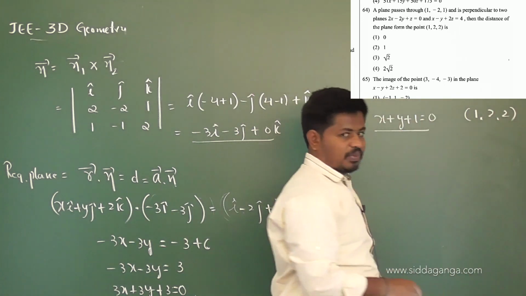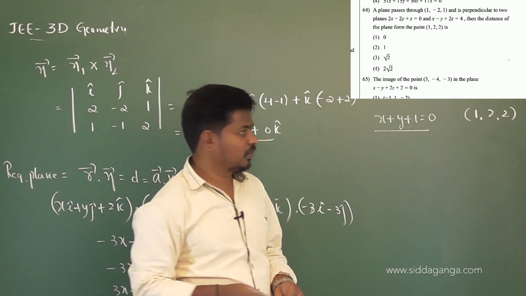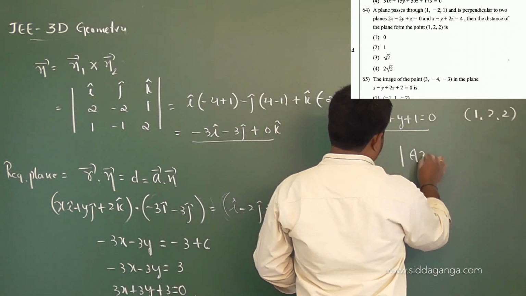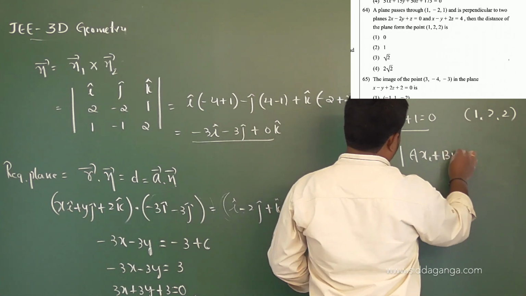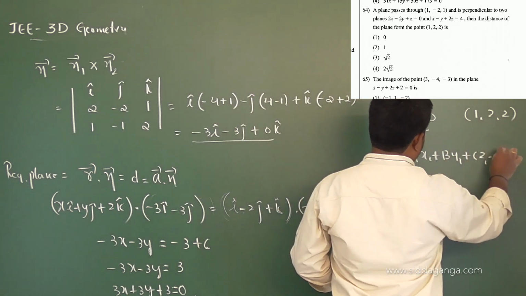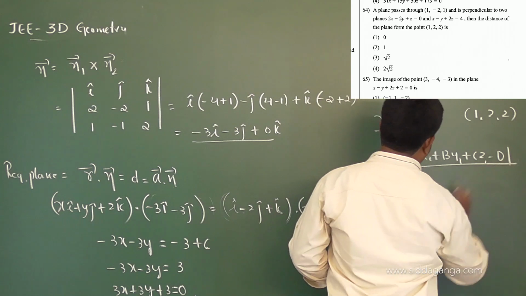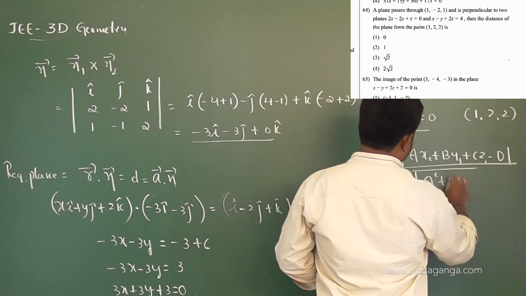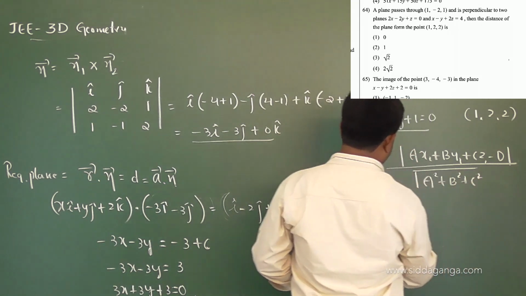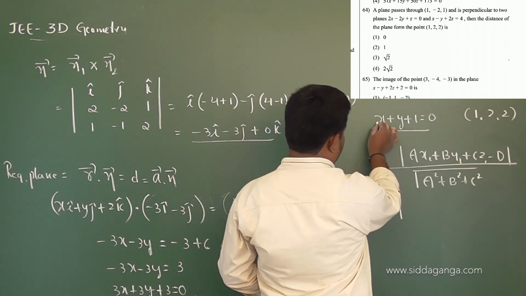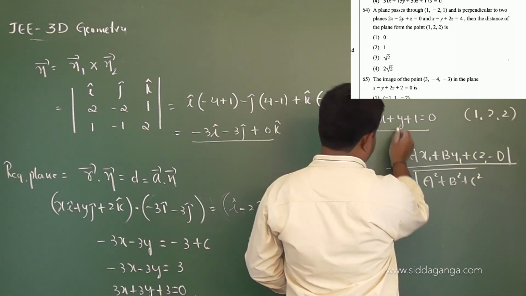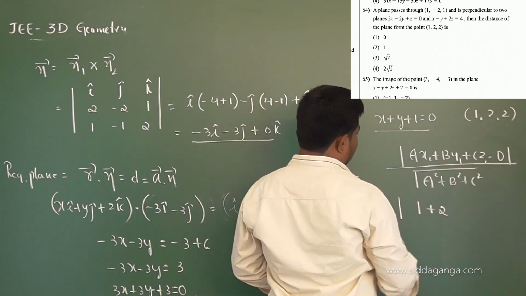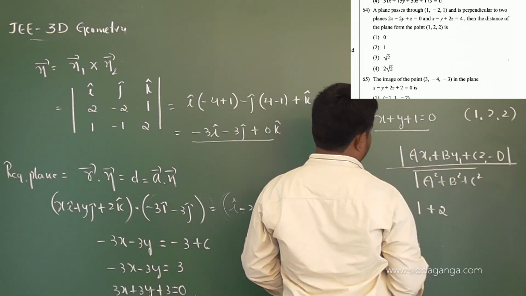So you have to find the distance between these two. The distance is given by the absolute value of ax1 plus by1 plus cz1 minus d, whole divided by root of a square plus b square plus c square. This gives a is 1 into 1, b is 1 into 2. The z coordinate is not there.